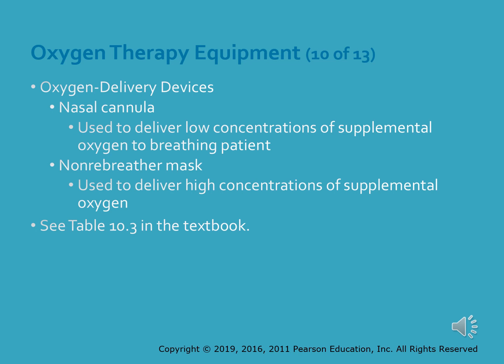At 4 liters per minute and above, the patient's breathing pattern may prevent the delivery from the stated percentage. At 5 liters per minute, drying of the nasal membranes is likely. And above 6 liters per minute, the device does not deliver any higher concentration of oxygen and may be uncomfortable for most patients.